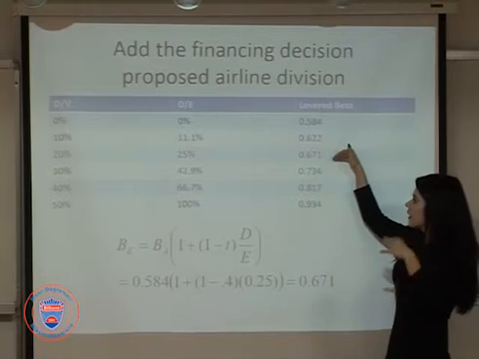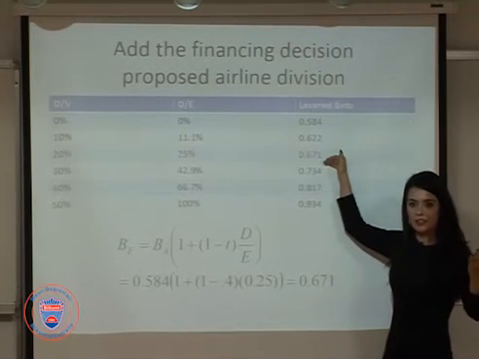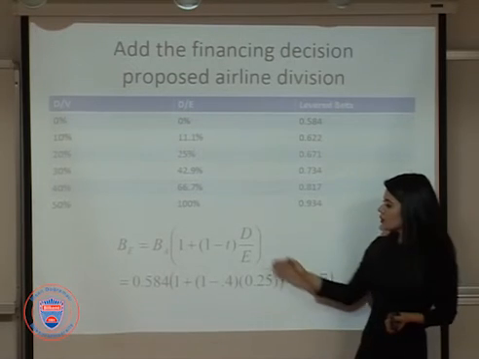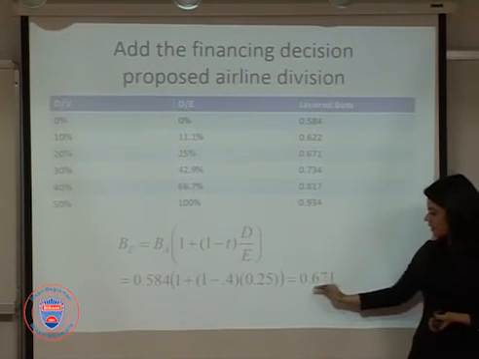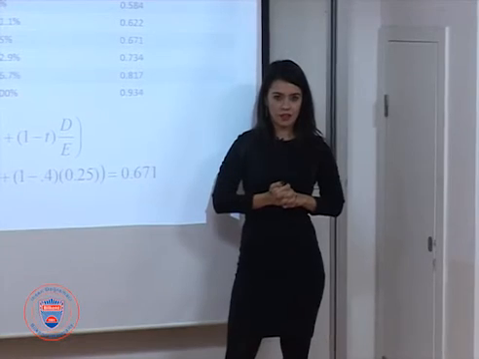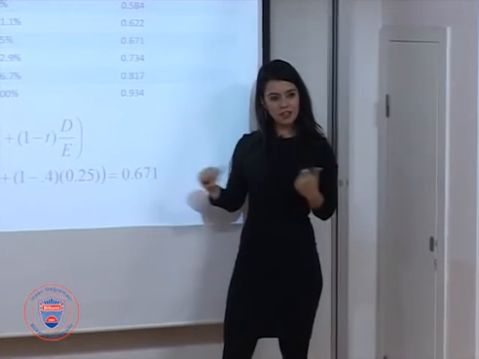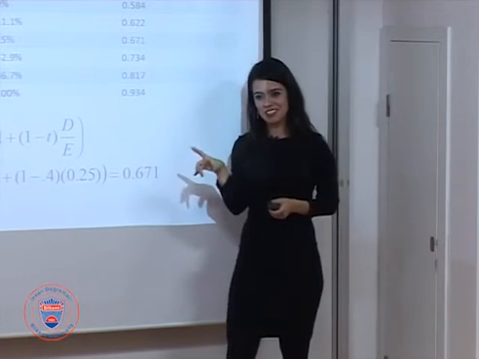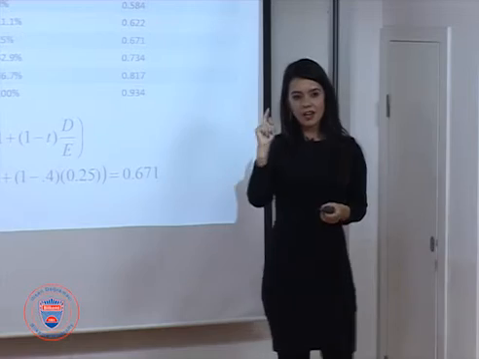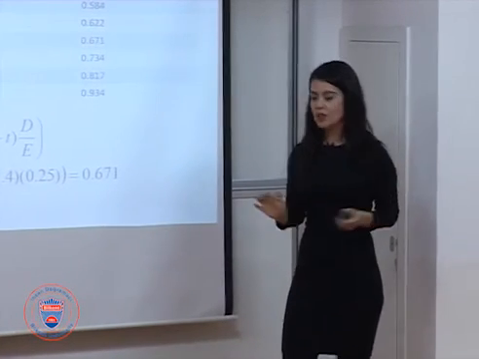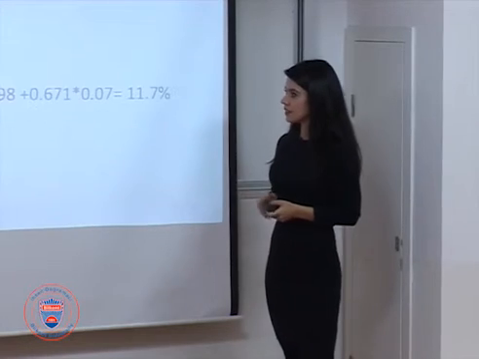You can use different things as well. With 20% debt, equity beta will be equal to 0.67. In the previous question, this is where we left off, but I will take it to further stages now, because I will try to make a decision whether I should start the airline division or not.